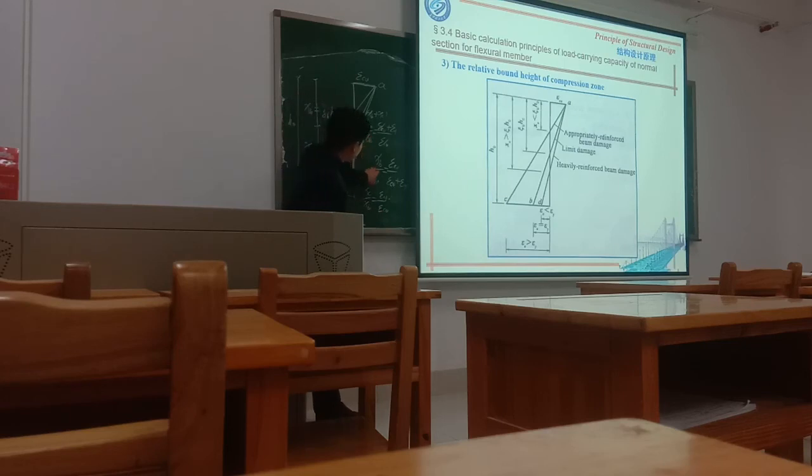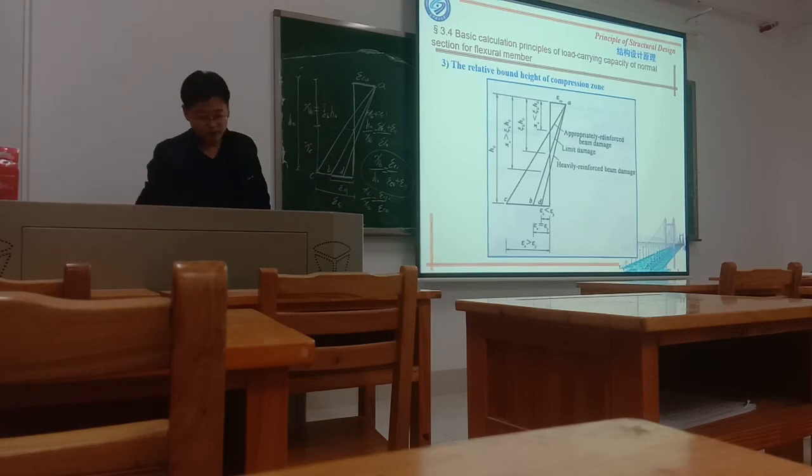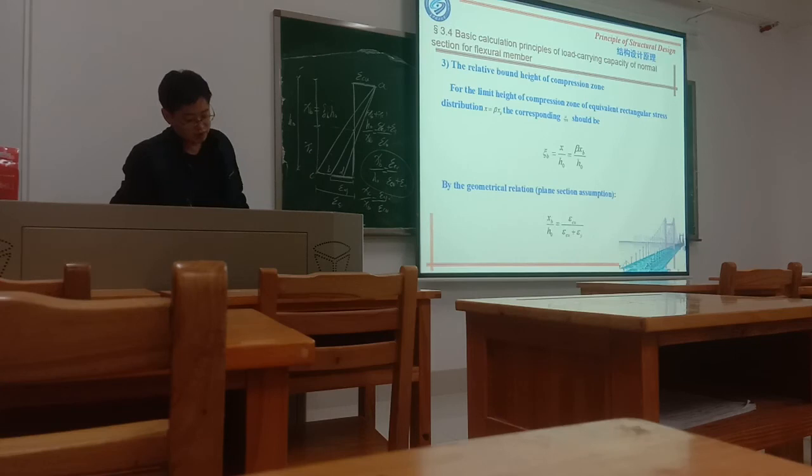So one way we can get XB divided by H0 is to use ε_cu divided by ε_cu plus ε_y. Our purpose is to get ξB, and ξB equals XB divided by H0, so we need to find the value of XB divided by H0.